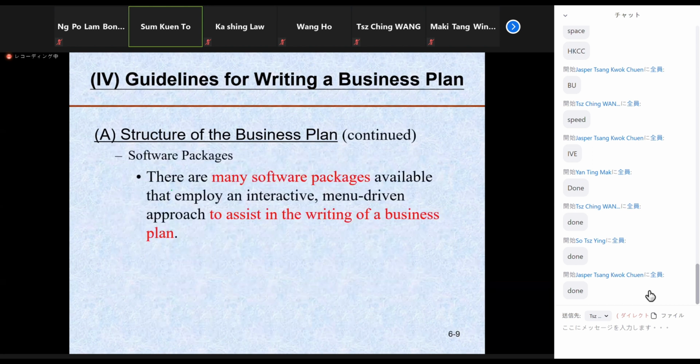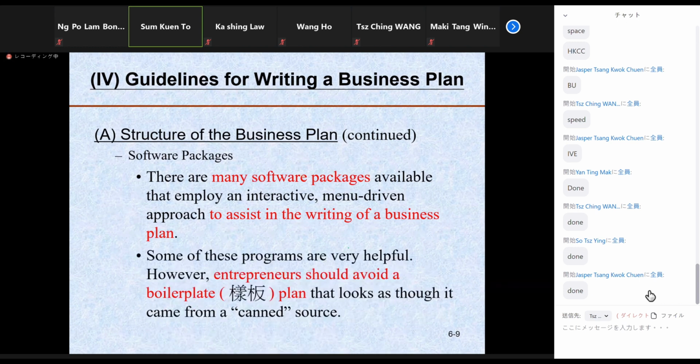In the market there are a lot of templates and software showing what a business plan should be, the structure and what it should be about. You can make use of that, but don't 100% copycat.